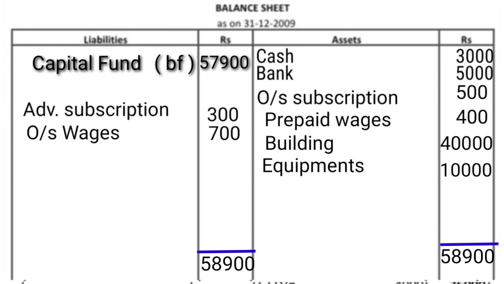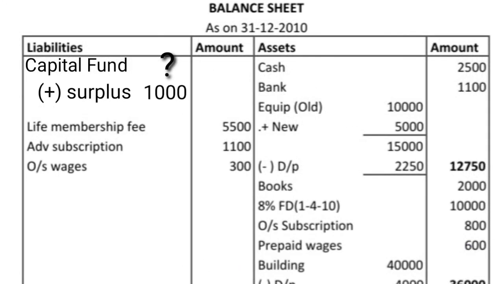Is it clear? And this capital fund should be the capital fund of the current year 2010. So we can write in the current year balance sheet capital fund 57,900. Now we got the capital fund. Then plus surplus 1,000. The total amount is 58,900.